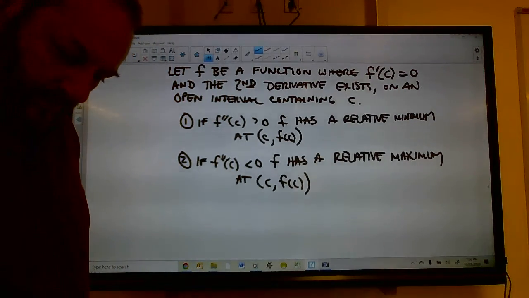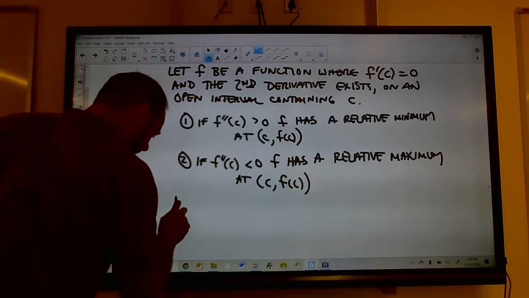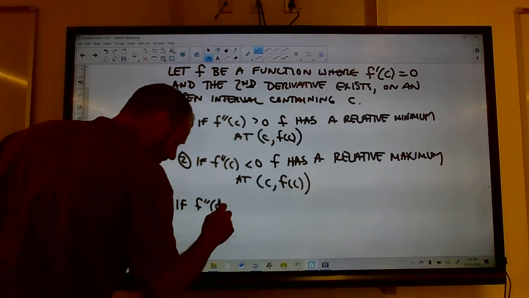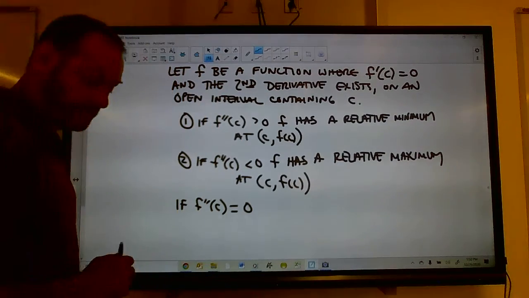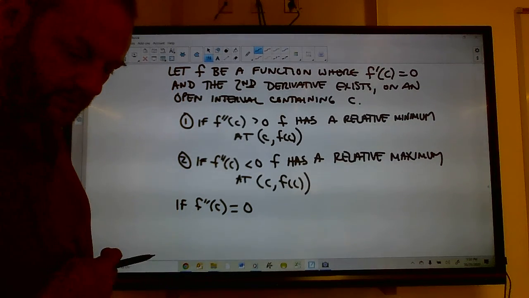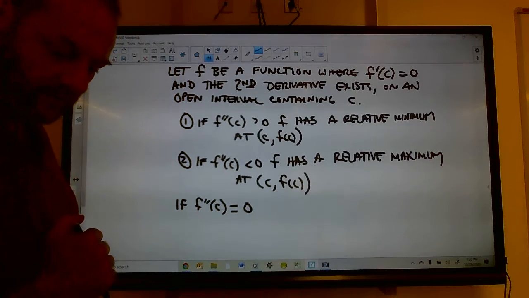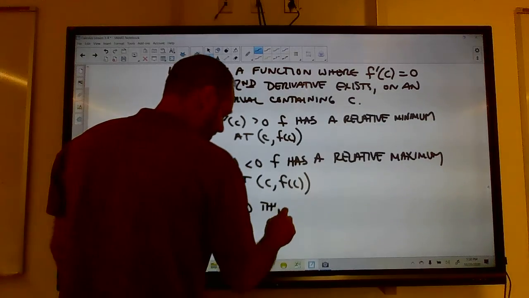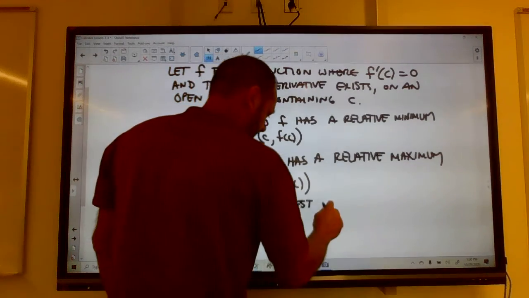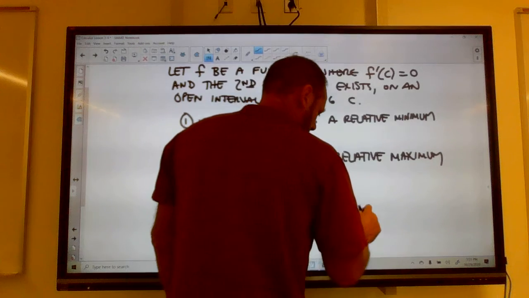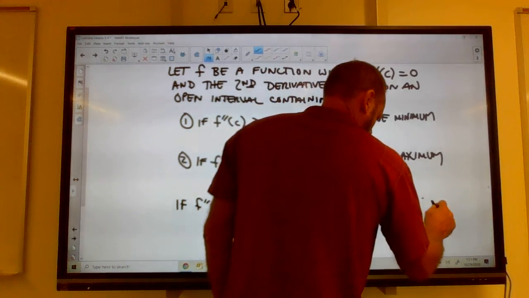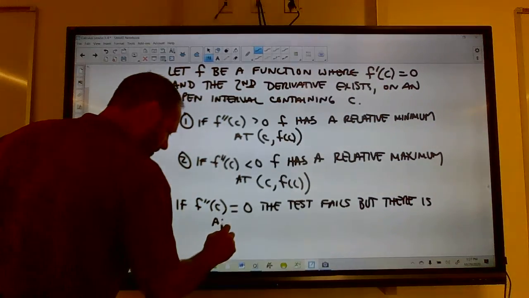If f double prime of c equals 0, then the test fails. So you don't have a maximum or minimum from the test, the test fails, but there is an inflection point there.